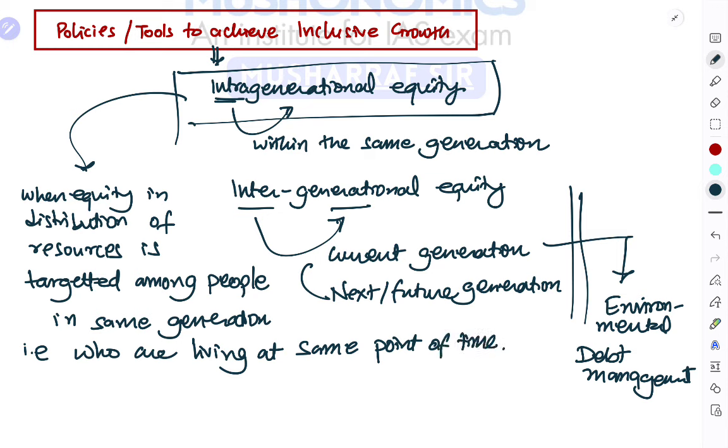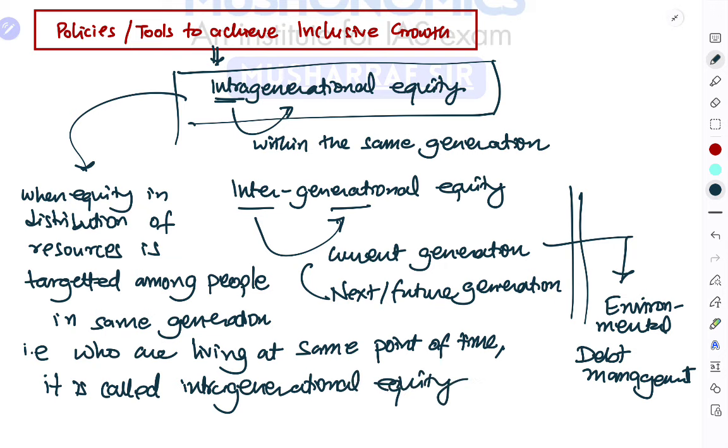It is called intragenerational equity. Right. So I hope you understood this.